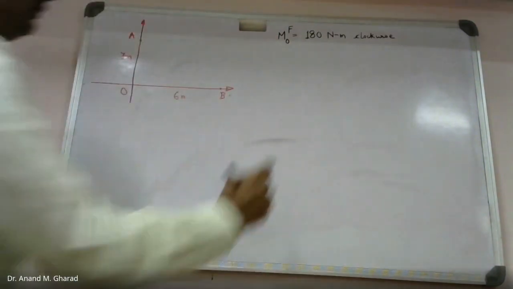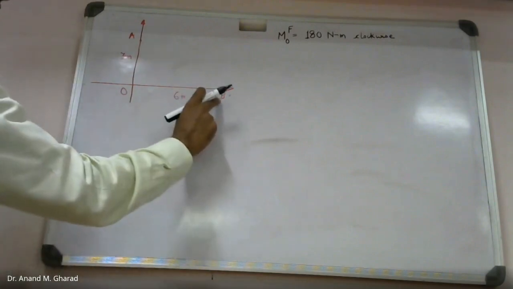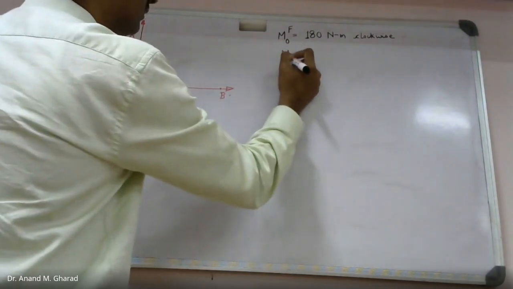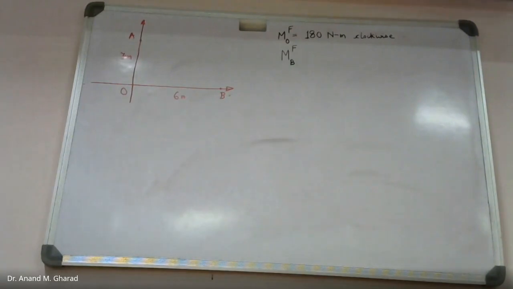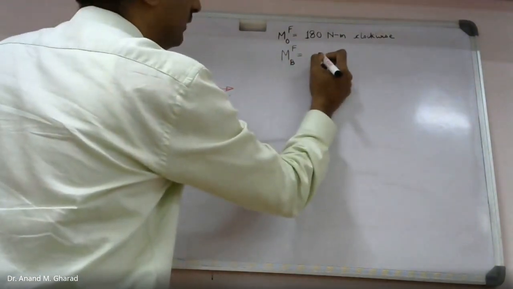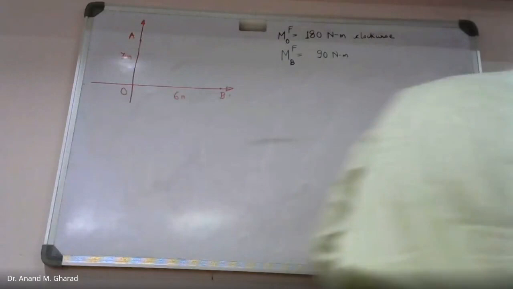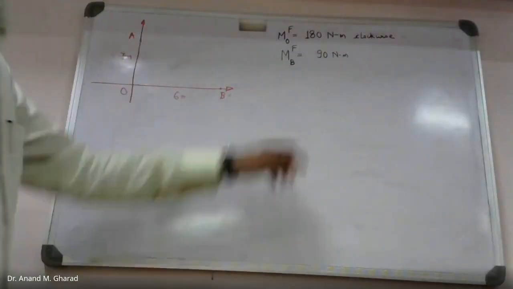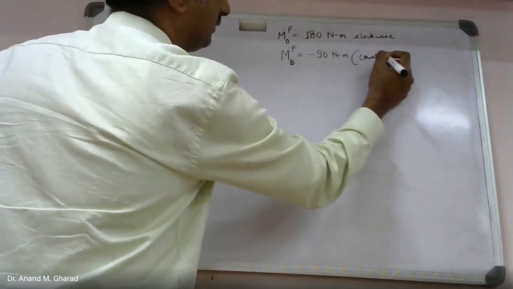Second information: about point capital B, a counterclockwise moment is getting developed. Moment about point B due to the same force capital F is counterclockwise. Counterclockwise means anti-clockwise.